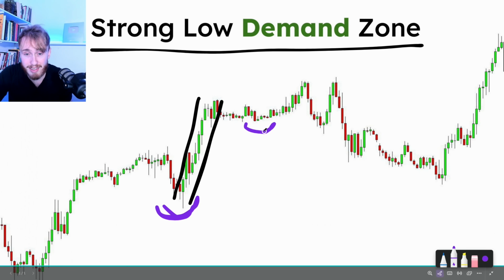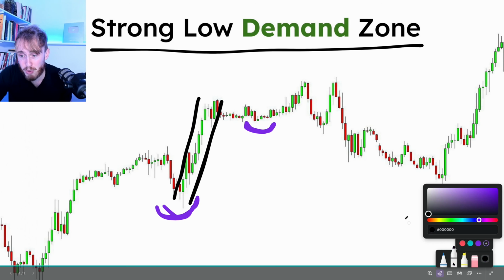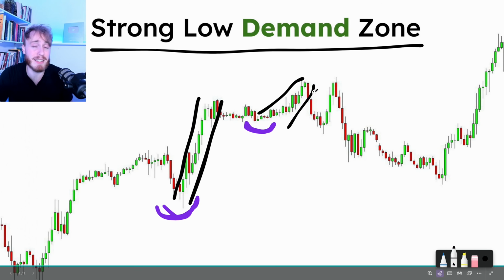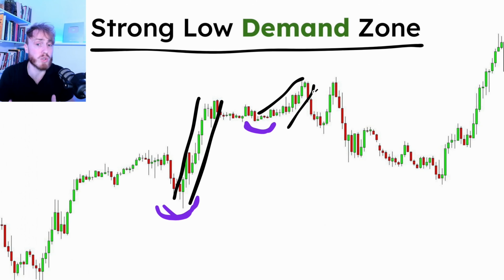If you, for example, look at this strong low right here and look at the following move, which we can see right here, this is definitely, at least in my personal opinion, not a strong enough move to draw out your demand zone. But as I have mentioned earlier, these are just my rules for supply and demand, and all traders will have slightly different rules and slightly different ways to handle both aggressive and strong low demand zones. But this is how I do it.